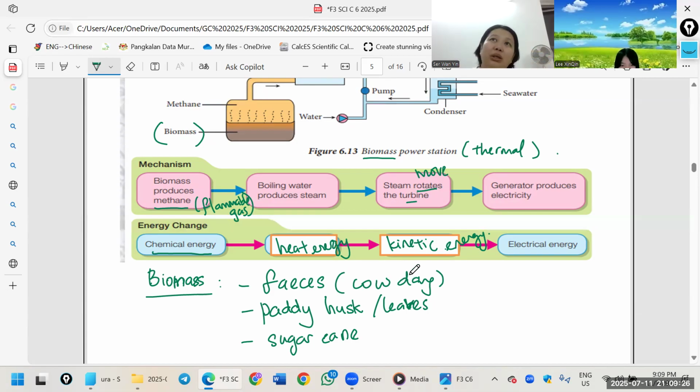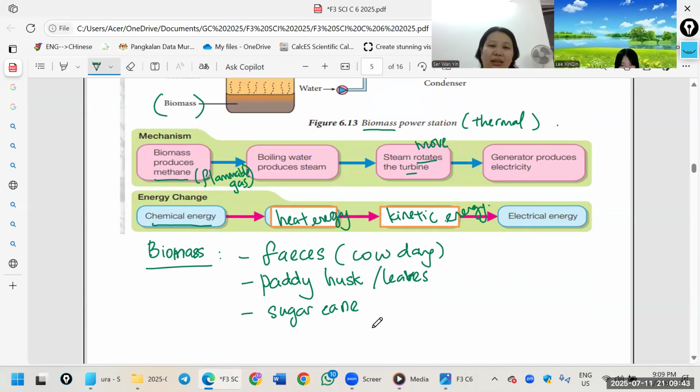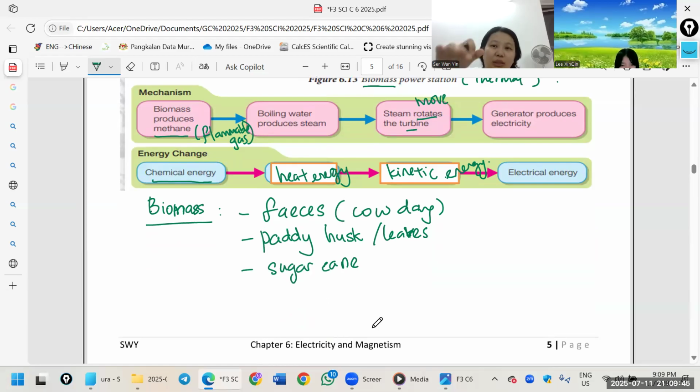I can say we export out sugar from the sugar cane. We just want the juice inside. We don't want the leftover things, residue. So we put it in, and what else?